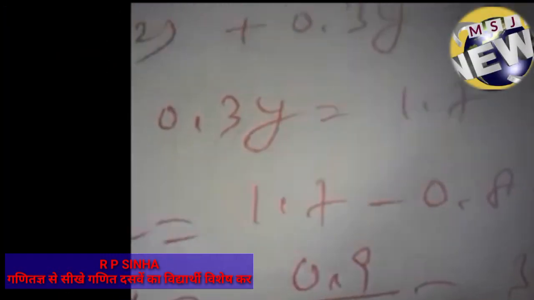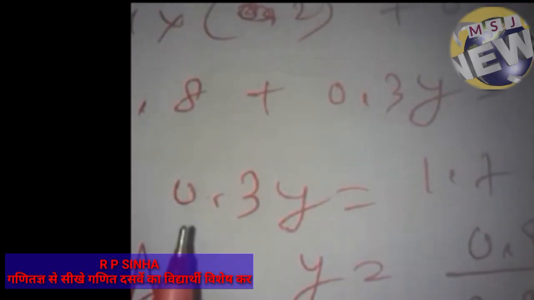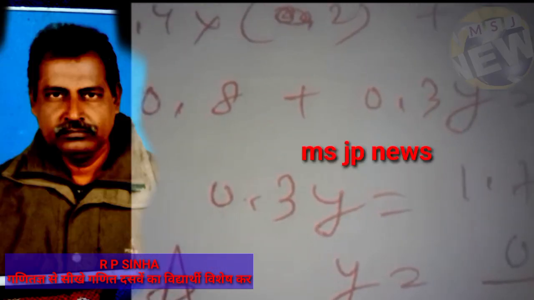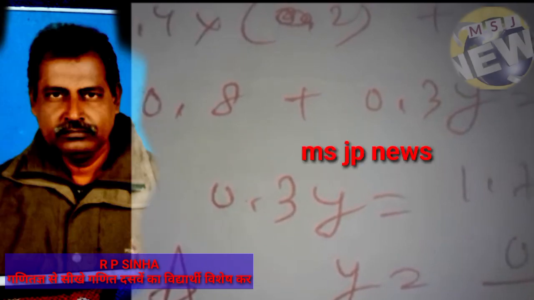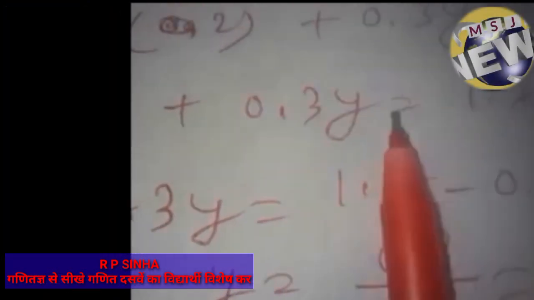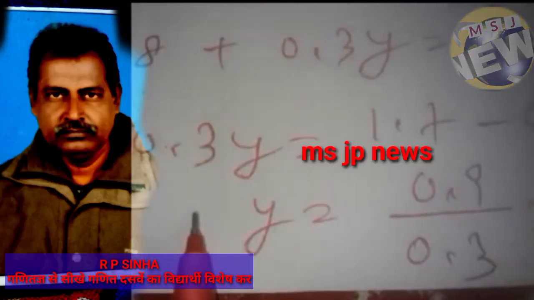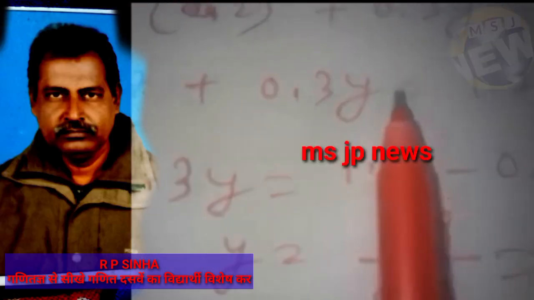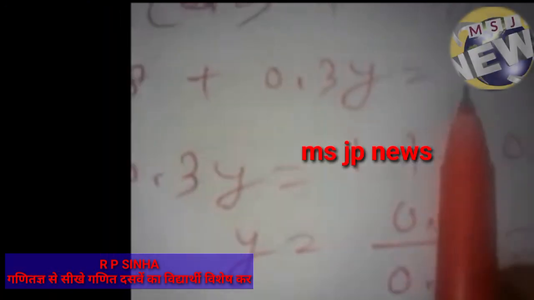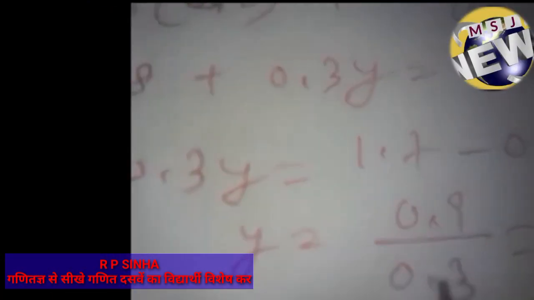To find the value of 0.3y we take 0.8 to the RHS, giving 1.7 - 0.8. To find variable y we divide the difference, which is 0.9, by 0.3 to get the value 3.